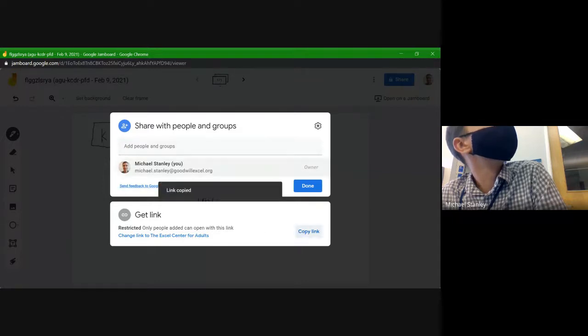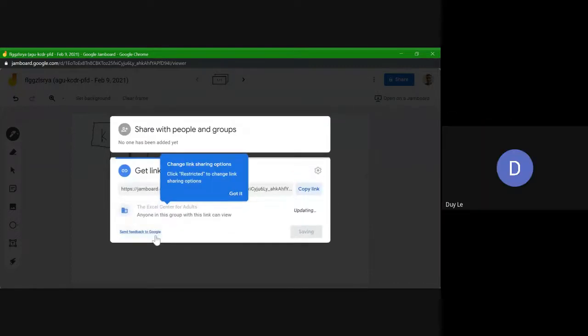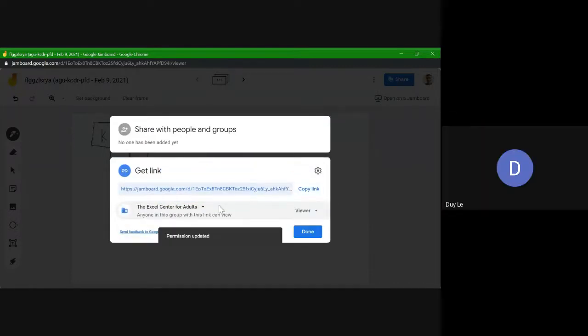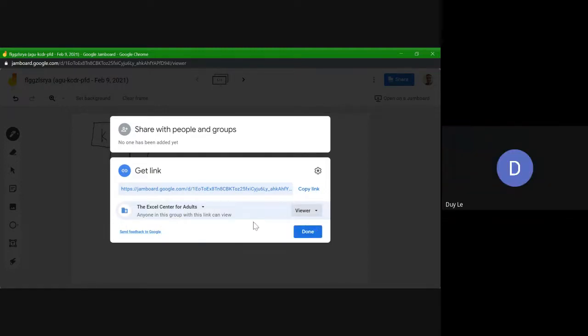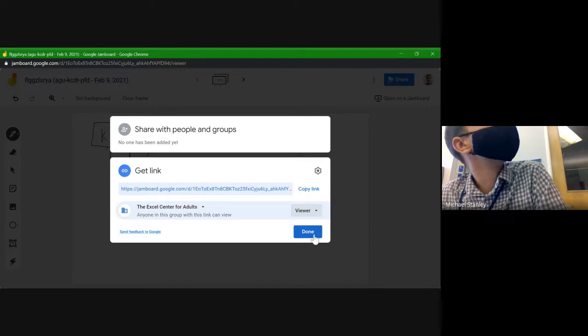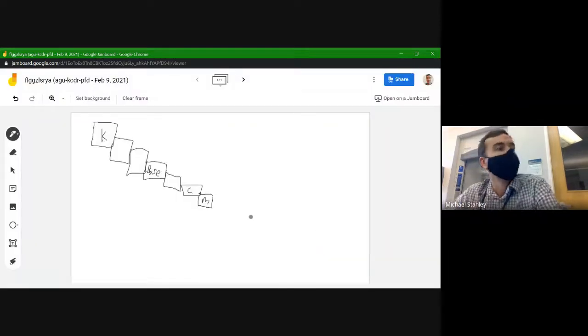One with the link can view. Okay. Cool. All right, so here we have my crappy reconstruction of our ladder, but it still has all the important parts, and that's the main thing here.